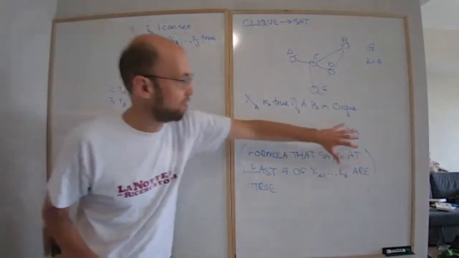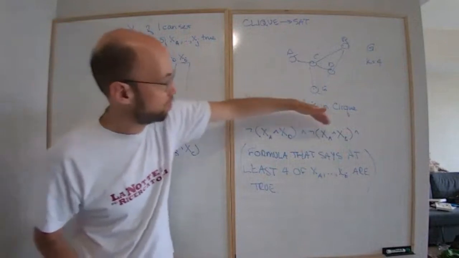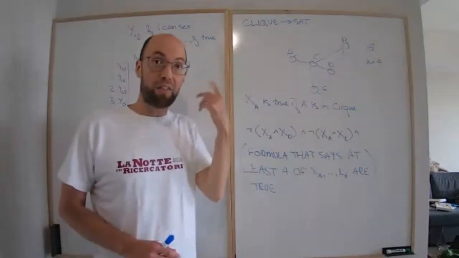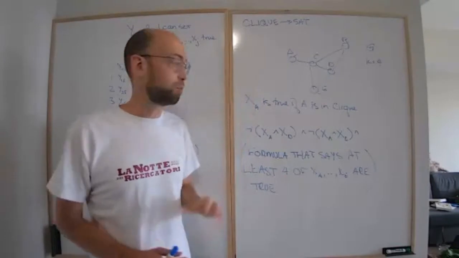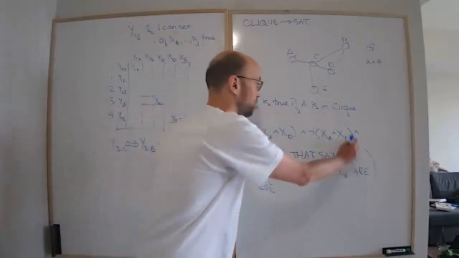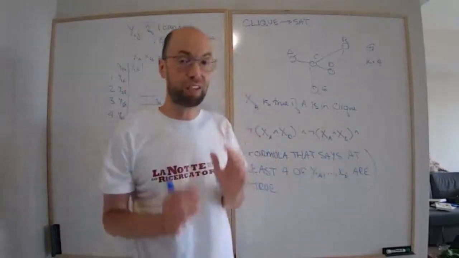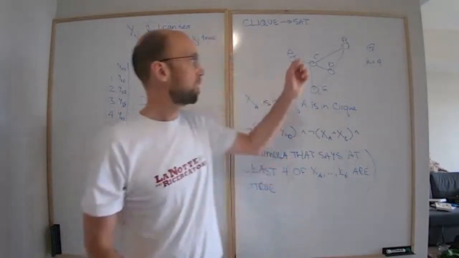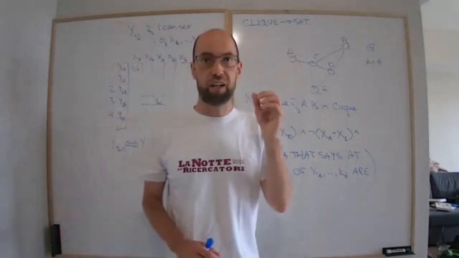This whole formula is the restriction that says I can't have two vertices that don't have an edge between them. So I get a polynomial size formula which is satisfiable if and only if this graph has a clique of size k.